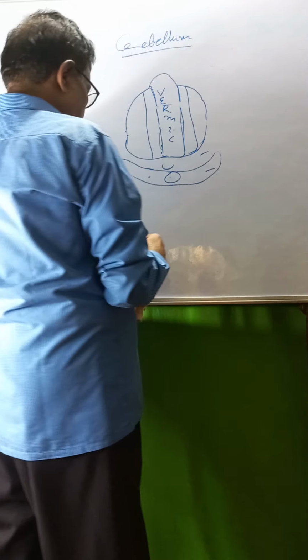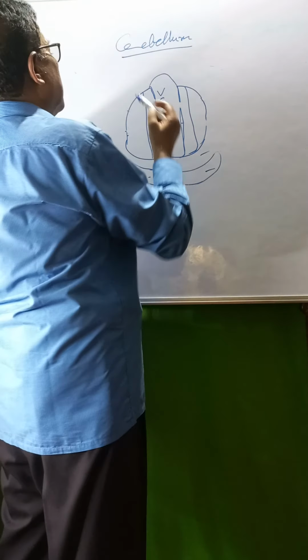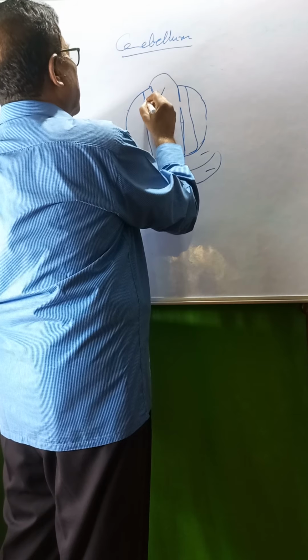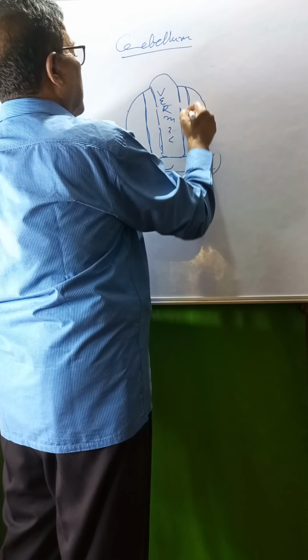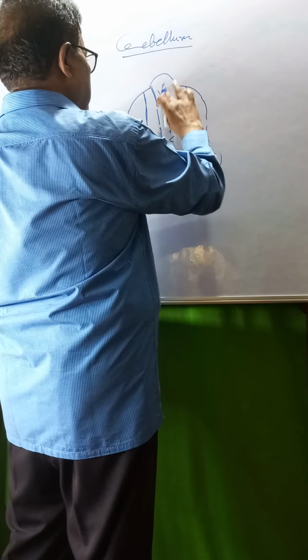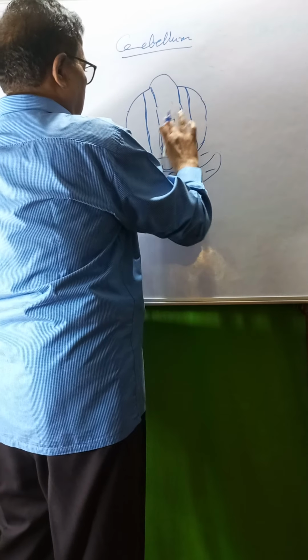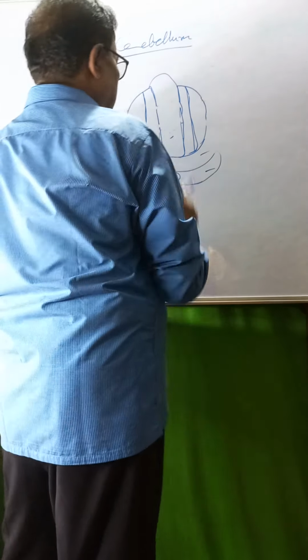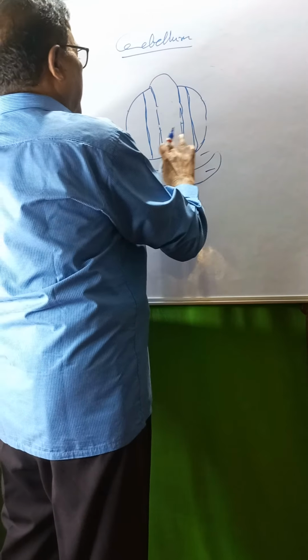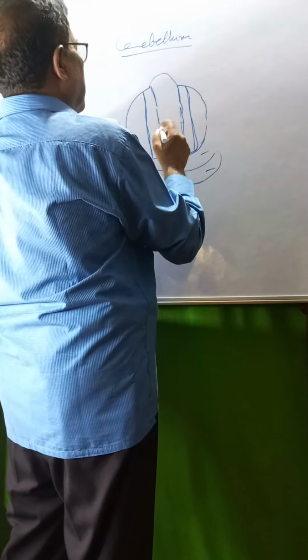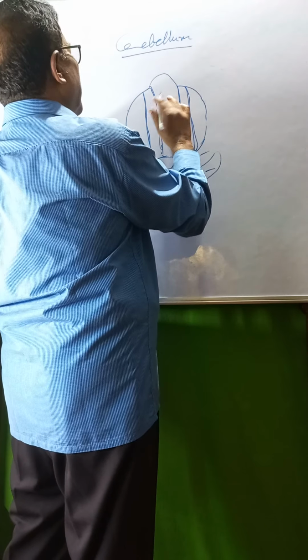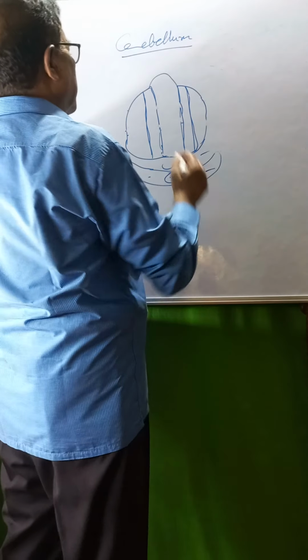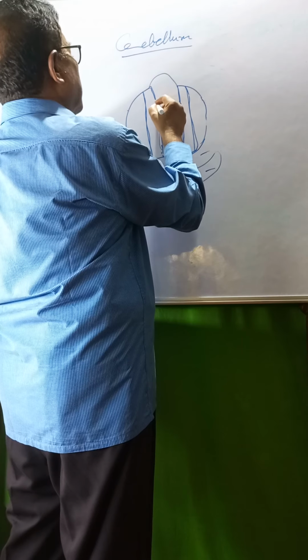Just lateral to this vermis, there is paravermal area. This vermis and paravermal area is concerned with the spinocerebellar part, that is from the whole body, proprioceptive fibers come here.